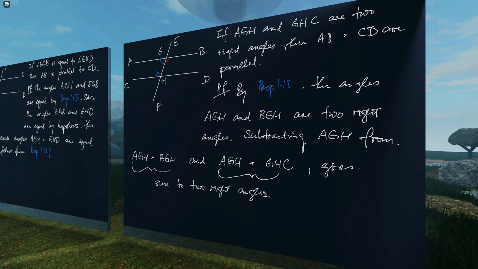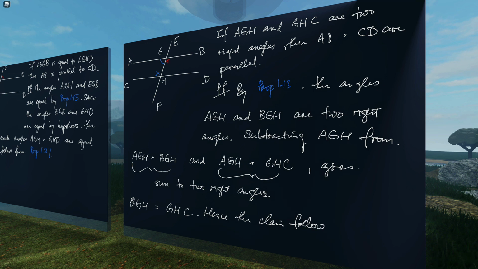That gives the remainder BGH equals GHC, right? So BGH is the red one, GHC is the cross, right?